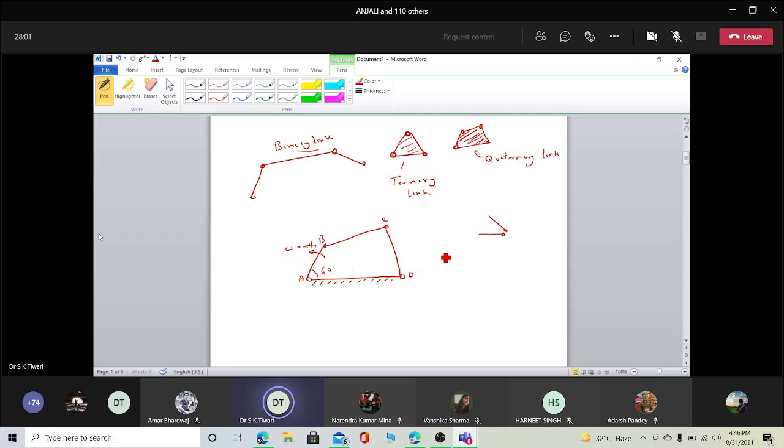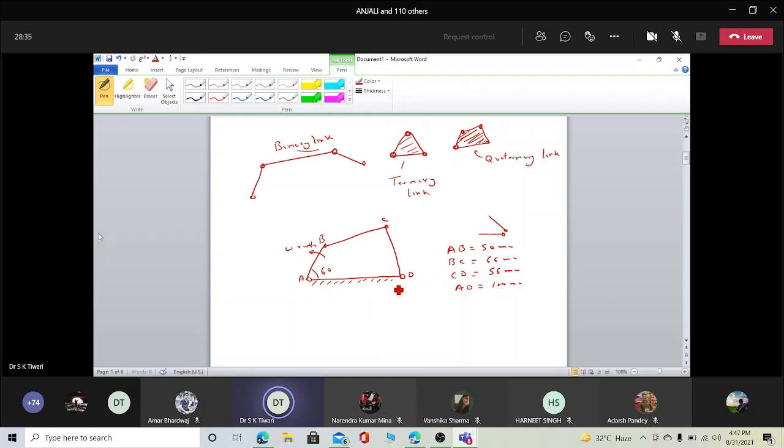मैं आपके ज्यादा क्लैरिफाई हो इसलिए मैं लिंक के लेंथ भी लिख दे रहा हूं. AB is equivalent to 50 millimeter. BC is given as say 66 millimeter. CD is given as 56 millimeter and AD is given as 100 millimeter.